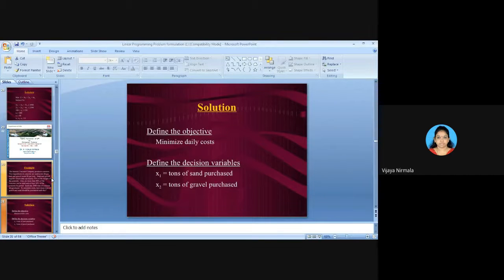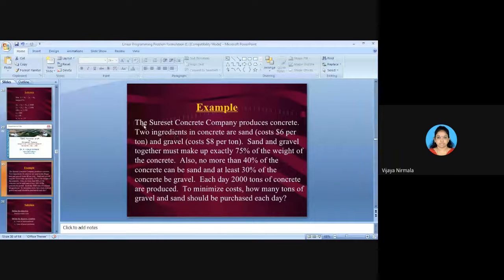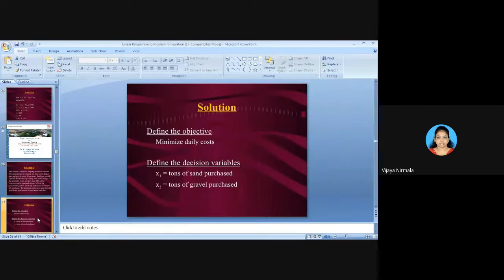How many ingredients are there for us here? We have two ingredients. One is sand and the other one is gravel. So we get two decision variables.